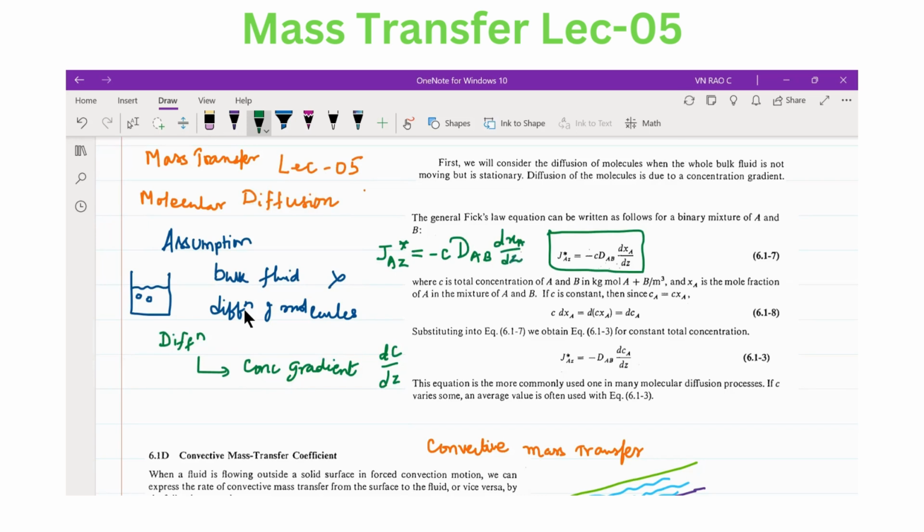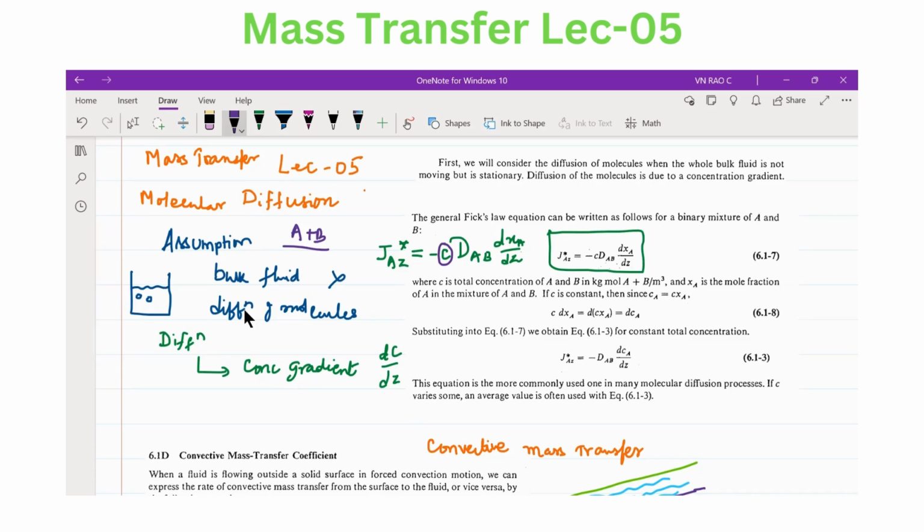Now this total C, what is this C? C is the total concentration of A and B because we are considering diffusion in a mixture of A and B. C is the concentration, xA is the mole fraction of A in the mixture.